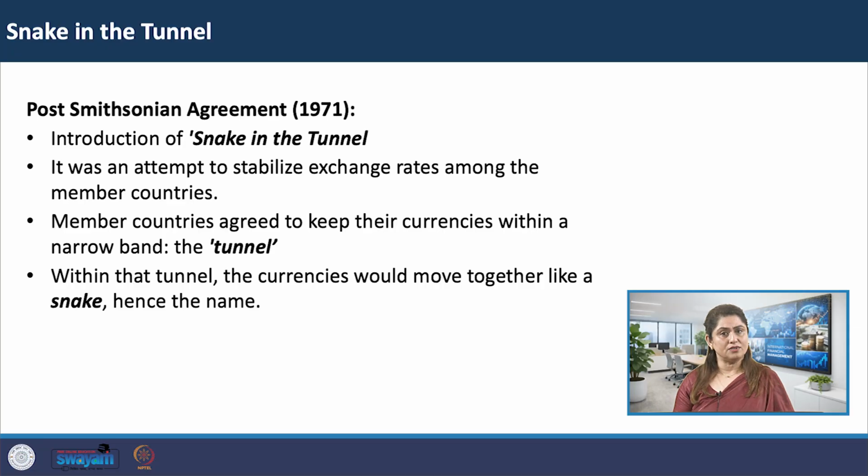In 1971, shortly after the Nixon shock, what came to be called the snake in the tunnel was introduced. We have discussed it in the previous lecture. Let us recall it once more. The idea was this: when the dollar fell after Bretton Woods, European currencies began to fluctuate against each other.